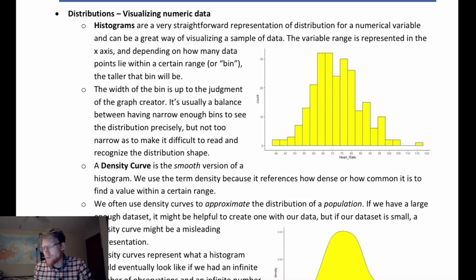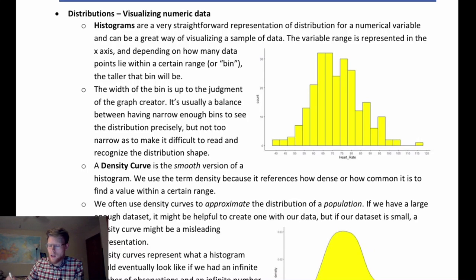So here we have the heart rate data for the class from a previous semester. We could see before our range of data, but the histogram really helps us see how often we see certain responses, and that most responses are in this middle area, right?